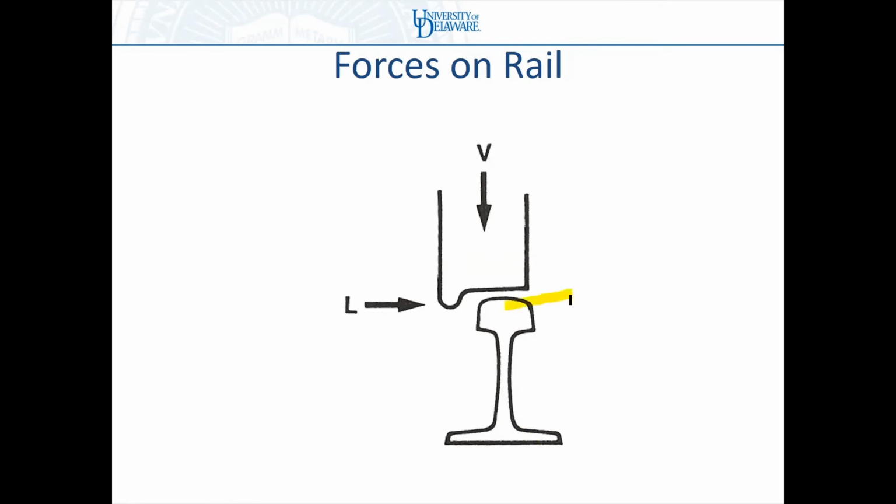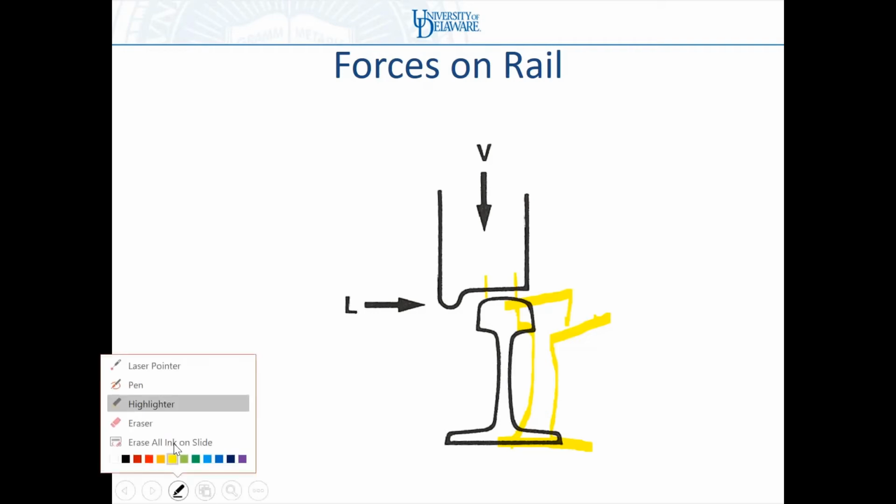And dynamic wide gauge is when I either translate the rail laterally, widening the gauge, and there's usually some amount of tolerance between the base of the rail and the shoulders of the sleeper, or I rotate the rail.